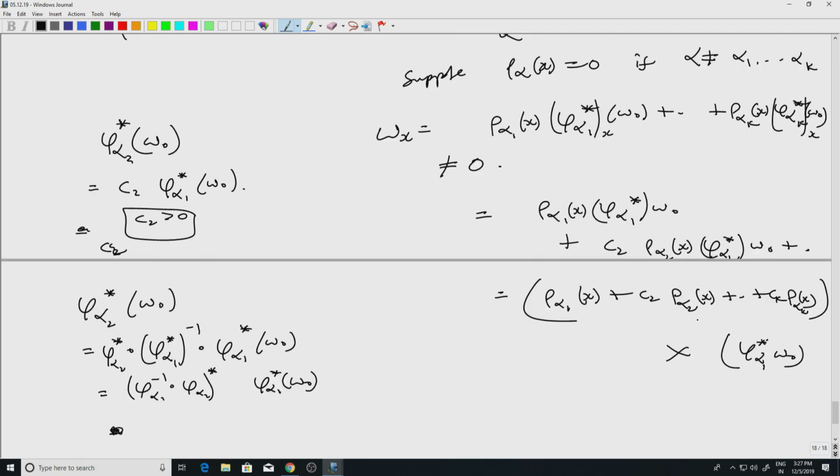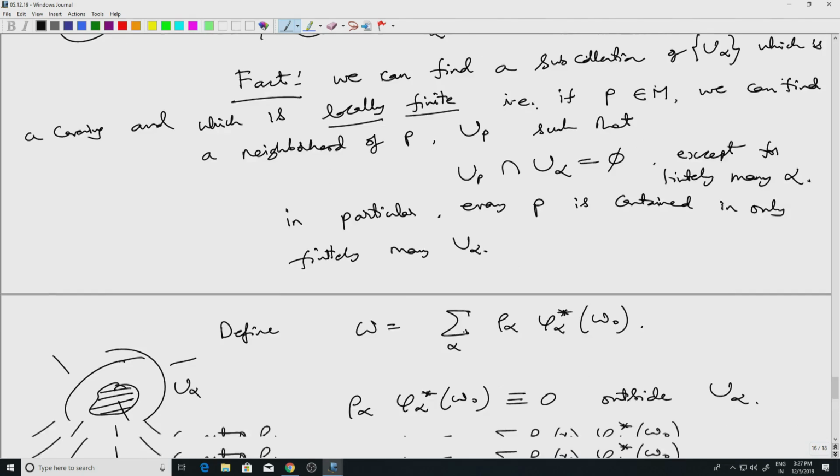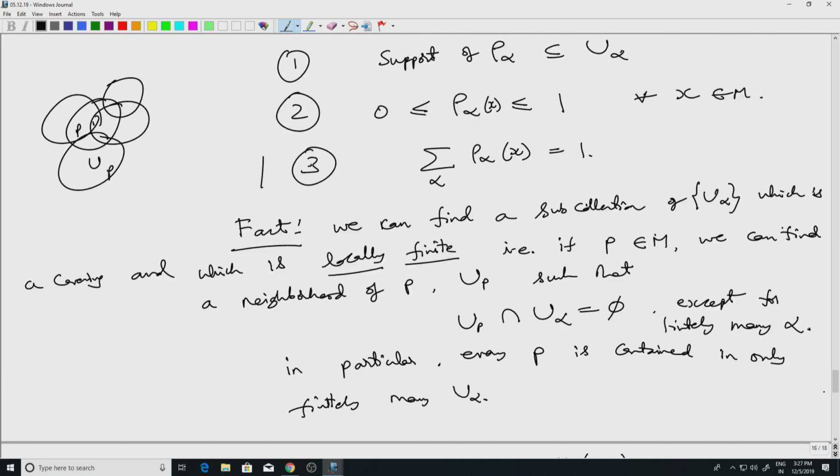Now since the summation of the rho alphas is 1, at least one of these should be positive, and the c's are already positive, and all the rho alphas are non-negative, so the entire sum is strictly positive. Therefore this is not 0. It's just a positive multiple of this. So this completes the brief sketch, and we'll stop the course at this point.